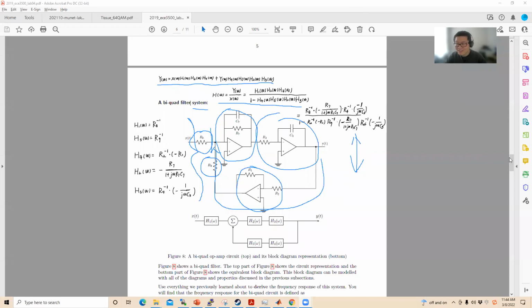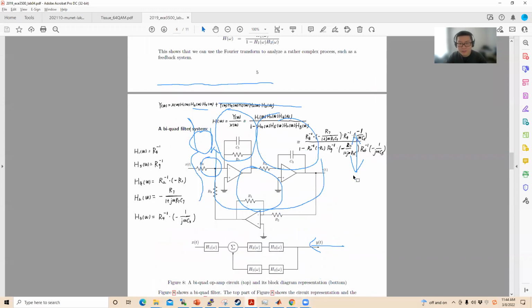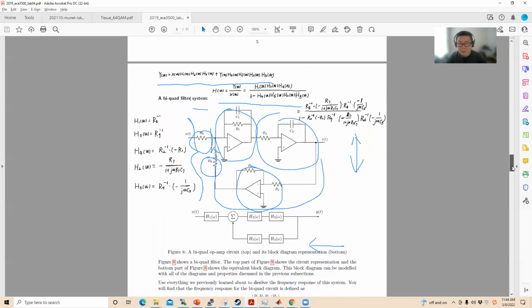And I think in the lab we have already given you this equation here. So if you are interested in how to calculate the complex system's response, you can follow these steps to compute it.